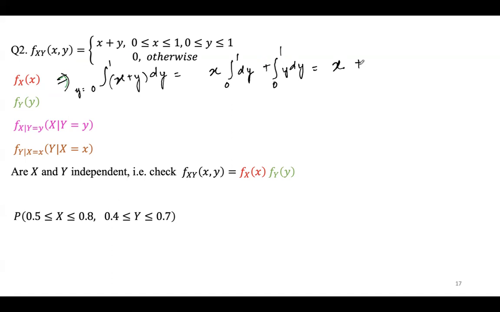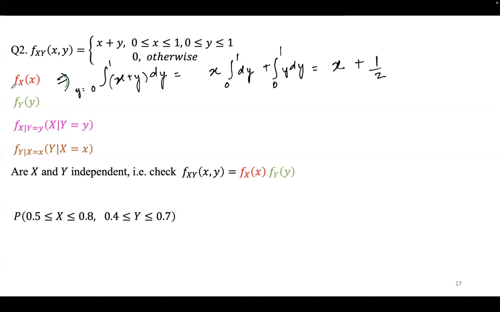And when you solve the second, it's going to be y square by 2. So 1 by 2 comes out, y becomes 1 minus 0. So that's going to be 1 by 2. Okay. How do we set the limits here? This is the marginal probability of x.